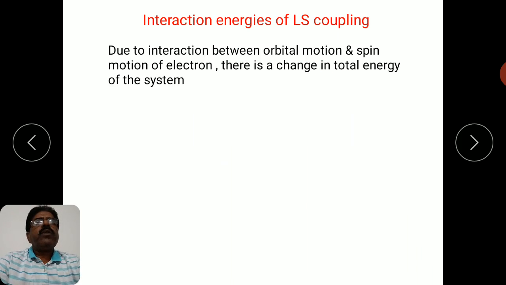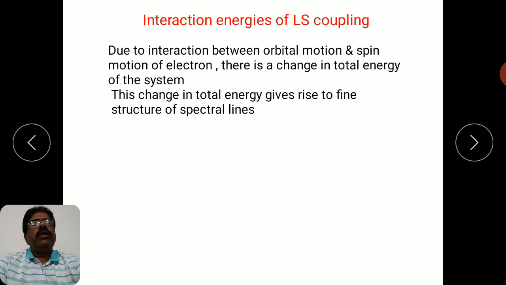Due to interaction between orbital motion and spin motion of electron, there is a change in total energy of the system. This change in total energy gives rise to fine structure of the spectral lines. For one valence electron system, there is only one electron.